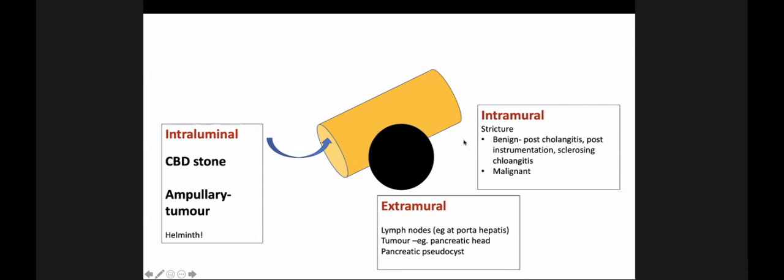Strictures can also be malignant, like a carcinoma within the bile duct. And then you can have things compressing the bile duct, like lymph nodes at the porta hepatis, a tumor at the pancreatic head, or a pancreatic pseudocyst. So these are the different differentials.